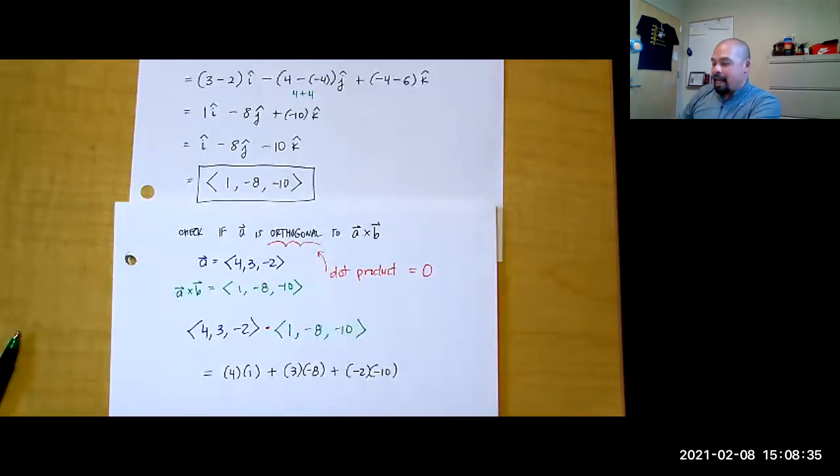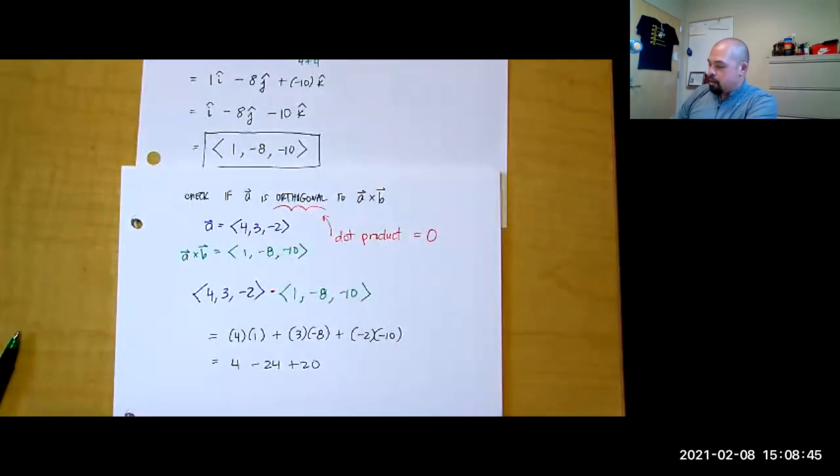Multiplying component-wise, adding those results. 4 minus 24 plus 20, negative. And look at that, 4 minus 24, -20 plus 20, 0. Right? And we can do the similar actions taking the dot product between vector B and that cross product. And you should also get 0 there. Okay? So there's that quick calculation. Doing so. All right.